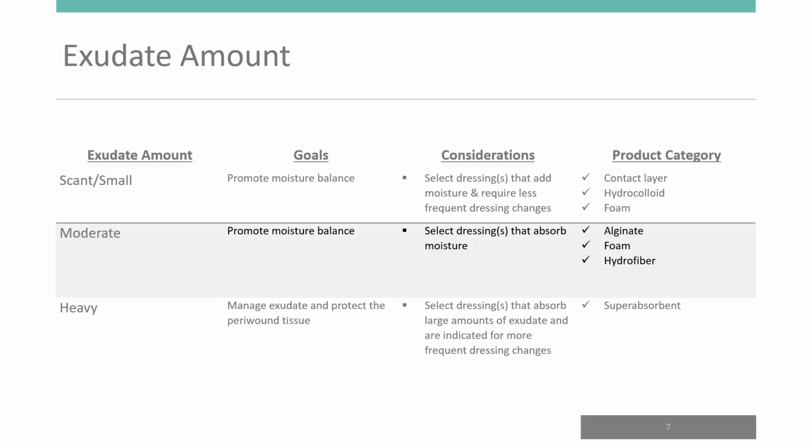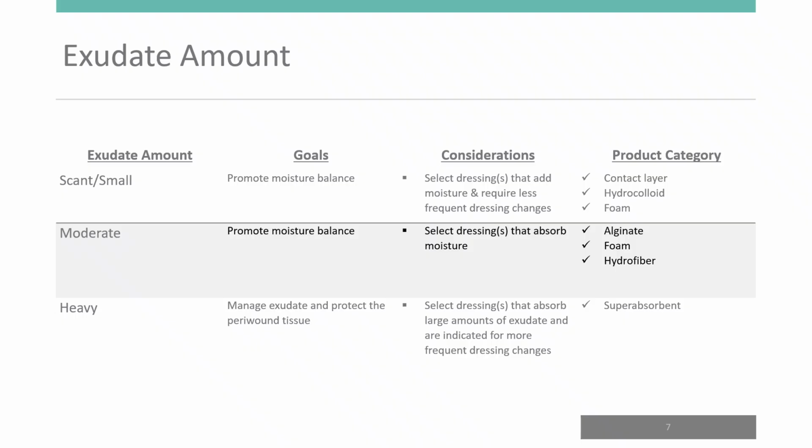If your wound is moderately exudative, we also would like to promote a moisture balance and select dressings that will absorb moisture to prevent maceration. Product categories would include alginates, foams, and hydrofibers.